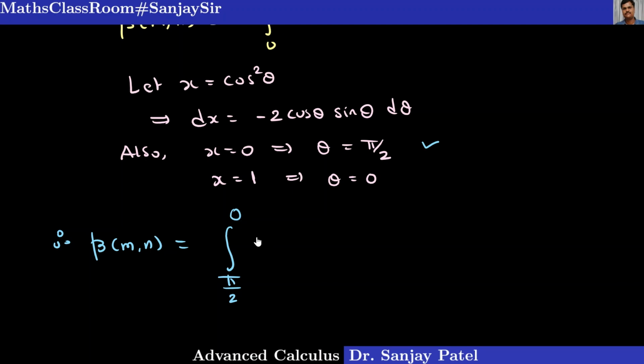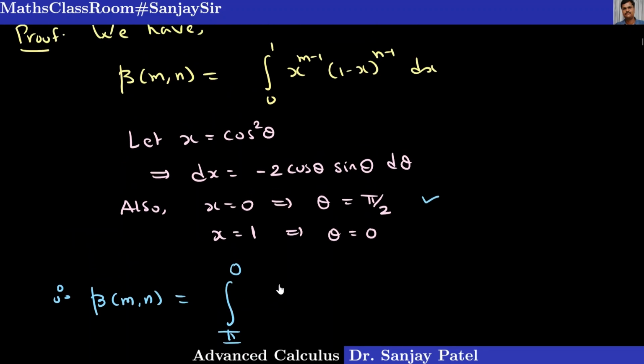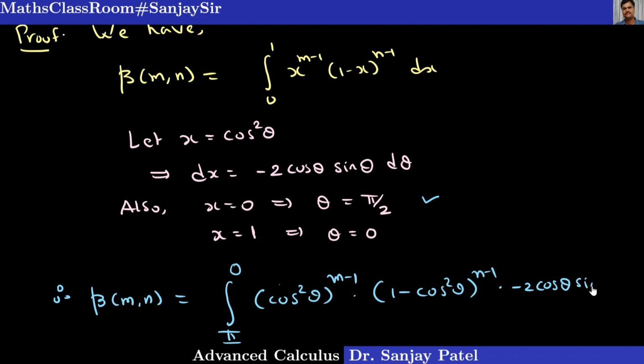X raised to m minus 1, x is cos square theta, so I must write cos square theta raised to m minus 1 into 1 minus cos square theta raised to n minus 1, and dx is minus 2 cos theta into sine theta, let me write in the bracket, d theta. Okay, let us simplify this.